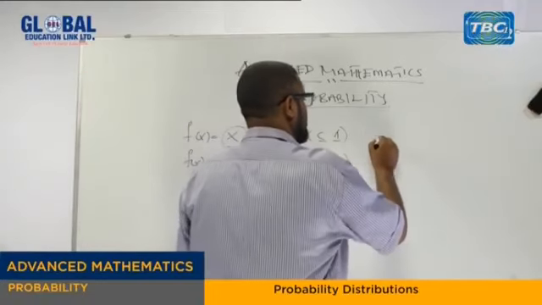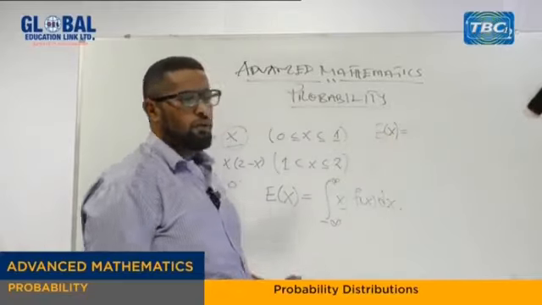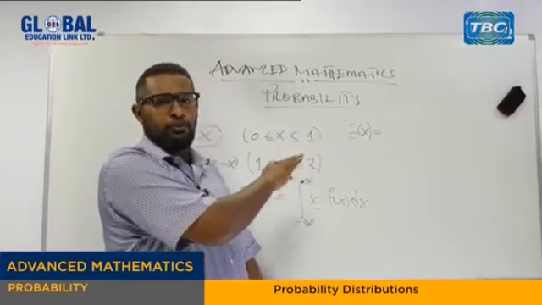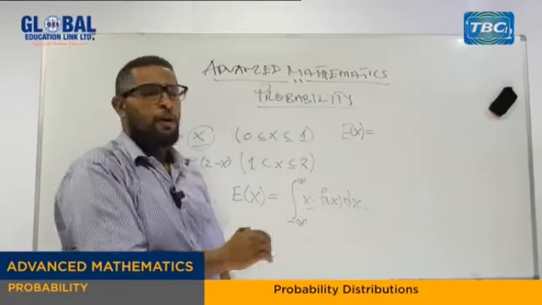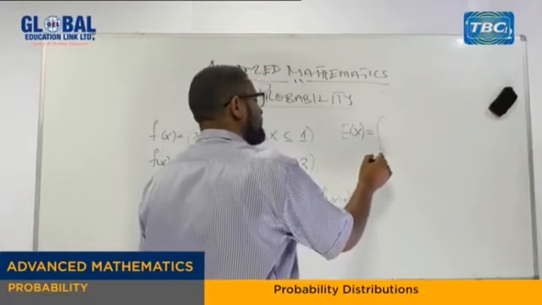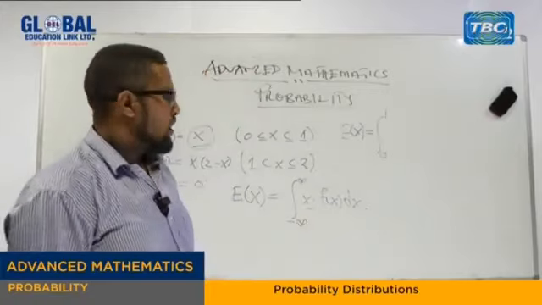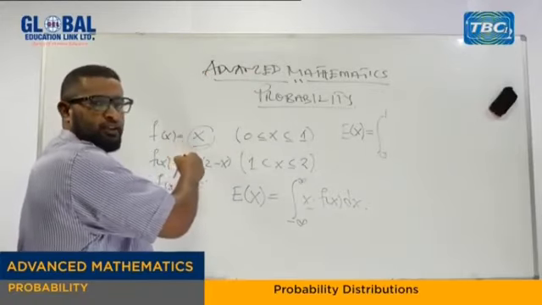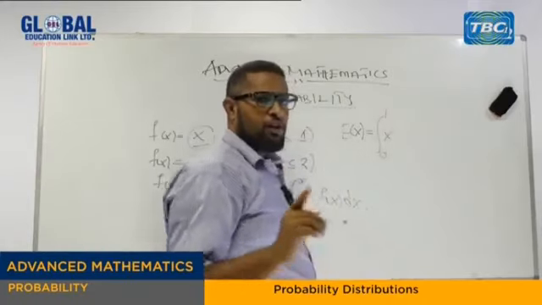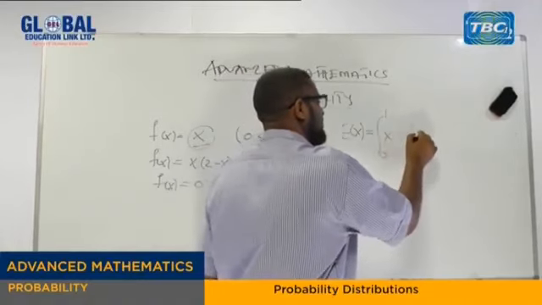Now let's substitute our function in the formula, but without using the negative infinity and positive infinity. We are using the limits that we are given. So number 1 is the integral from 0 to 1 of which function now? Of the function x. So the function is x, but you have another x that is from the formula, x, then dx.